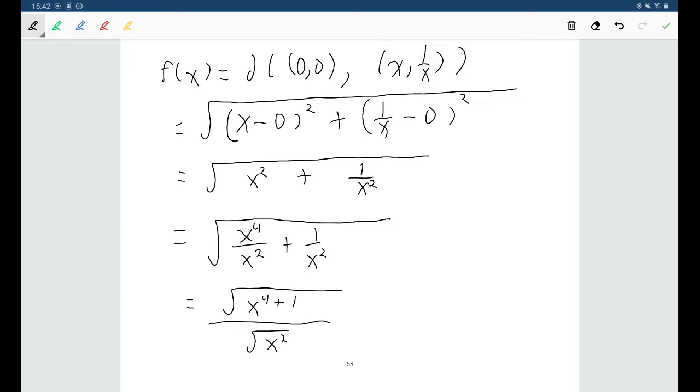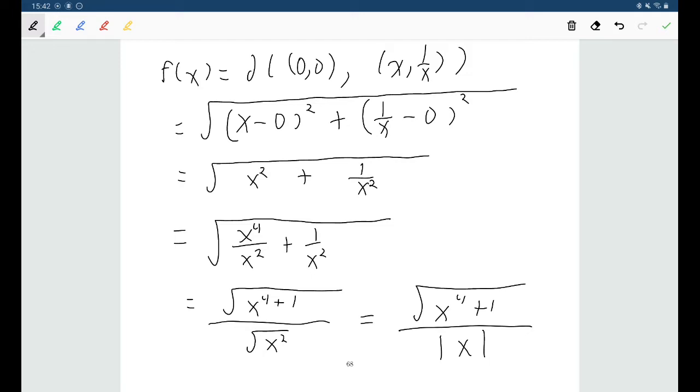This actually leads to a place where you need to be a little bit careful, because if you did decide to do this, you would have to be careful that when you say the square root of x squared, you would write it as the absolute value of x. That's because no matter what value of x you have, x squared is going to be positive, and so the square root of it is going to be positive.